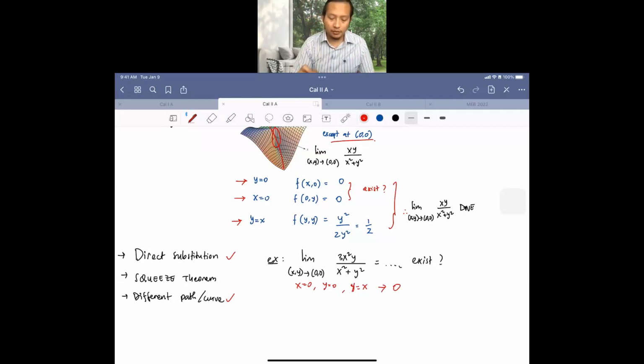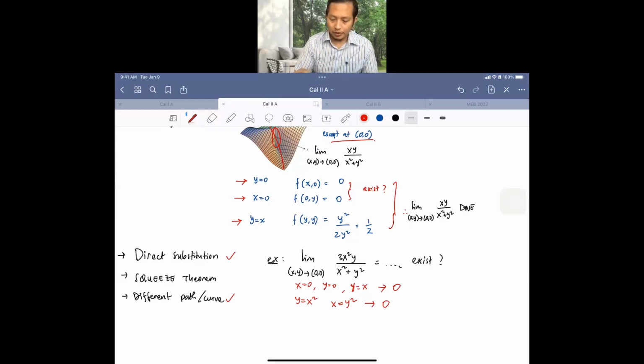So we need to think with another parameter or another curve that we can make up. We can also check using the parabola x squared and y squared, and it also turns out to be 0 if we check.